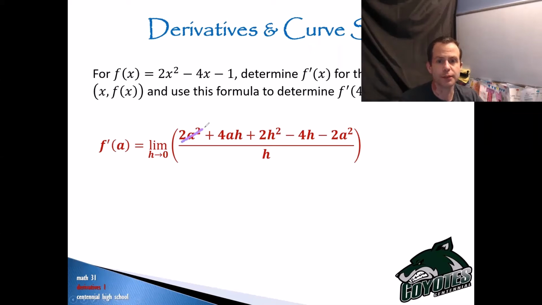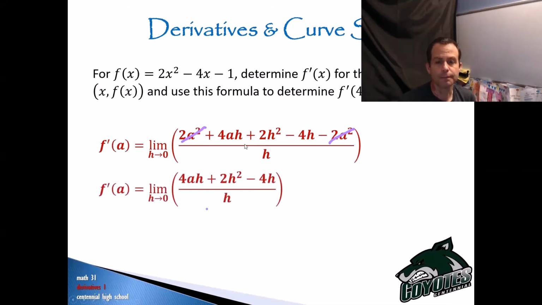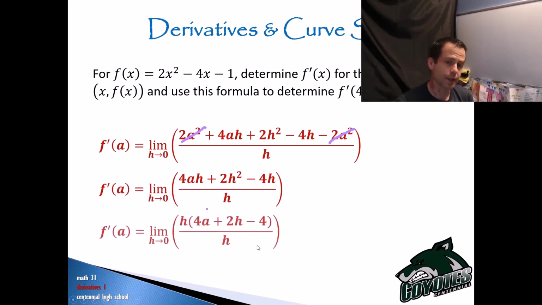Now my 2a squares are gone, and I can factor out an h. Now remember, the whole purpose of everything I'm doing right now is to get rid of the problem. The problem is there's an h on the bottom, so the fact that I'm now at a point where I can factor an h out, that's going to get rid of my problem and allow me to substitute 0 in for h. Okay, so my h comes out, and I'm left with 4a plus 2h minus 4.